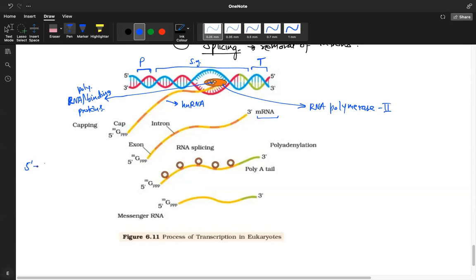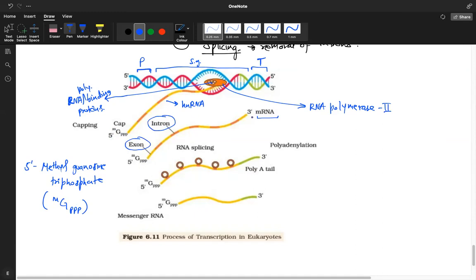Write down, the cap is methyl guanosine triphosphate, also known as MGP: G in the center, M and triple P. So this is the cap at the 5' end. You can also see this yellow part is the exon, and they also have the intron. We have to get rid of the intron.